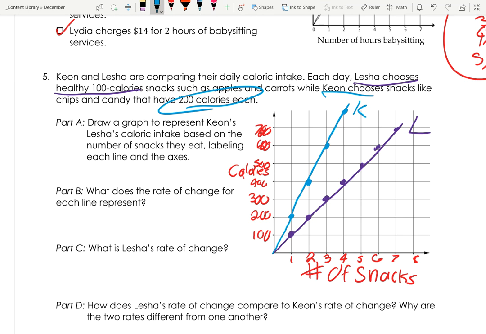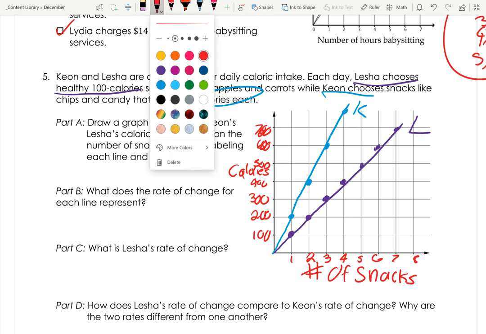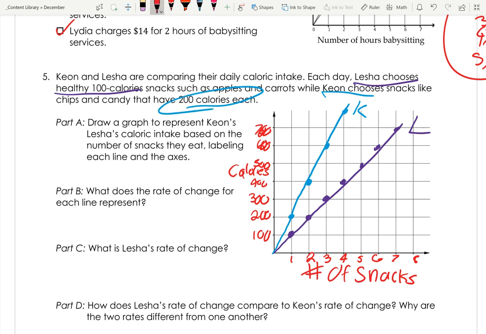So what does rate of change for each line represent? Well, we already talked about that when we set up our axis, right? Our axis was a change in y, which is calories, over change in x, which is snacks.